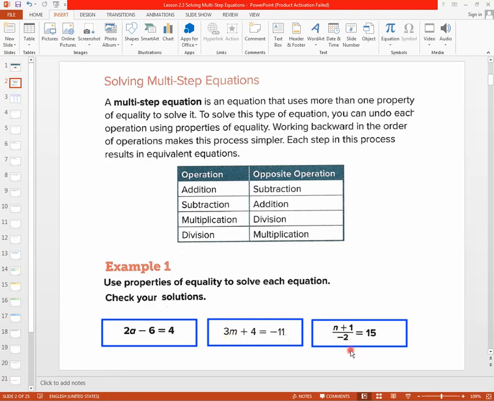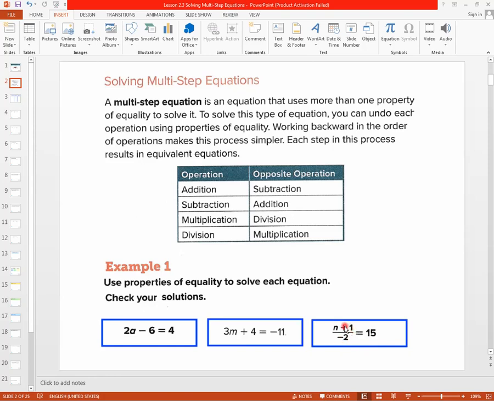Here in this problem, we have a fraction, it's a division. I have to remove the division by making a multiplication. So it's a multiplication between 15 and negative 2. 15 times negative 2 is negative 30.